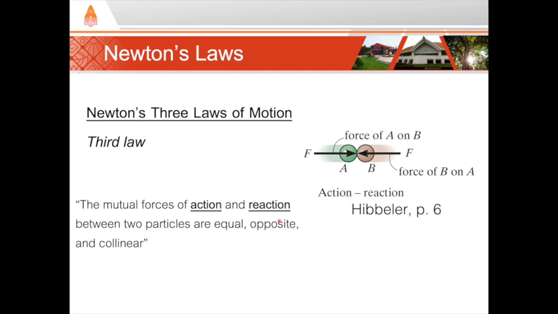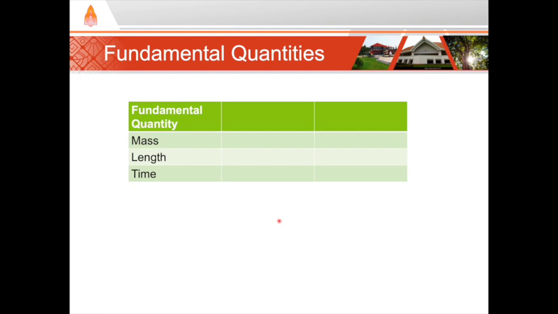Another important thing for us to understand are the fundamental quantities that we can define everything in when we're measuring. So for example, the fundamental quantities are mass, length, and time. From these fundamental quantities, we can create derived quantities.